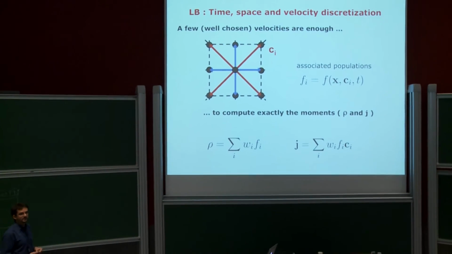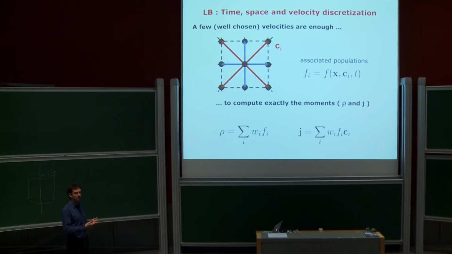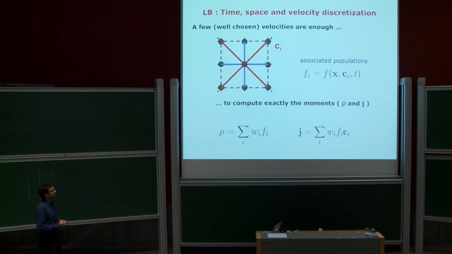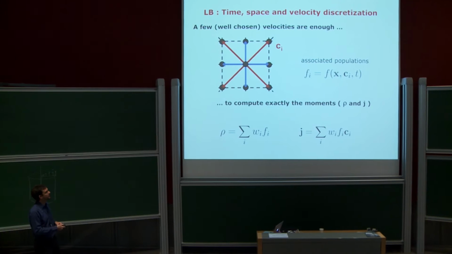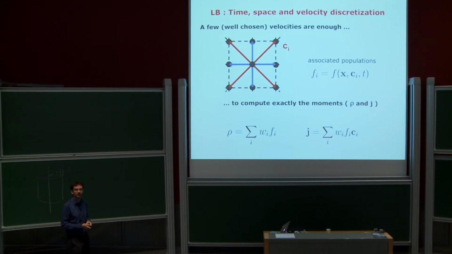So it seems that you have not gained much because you will have to propagate this quantity in a much higher dimensional space. But it turns out that you can do this efficiently by using just a few velocities to compute exactly the moments that are relevant for the hydrodynamic behavior.